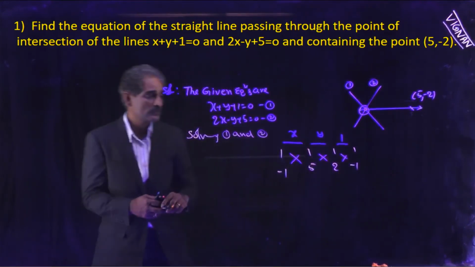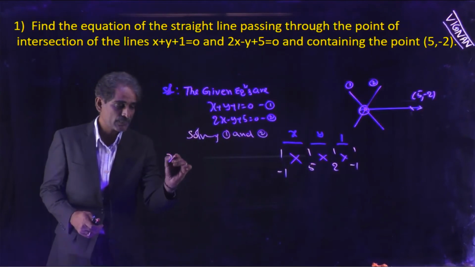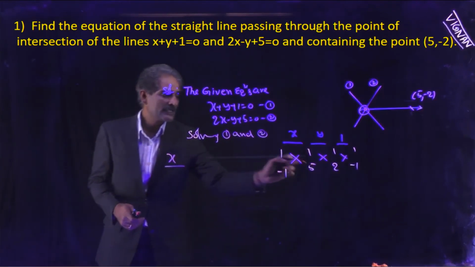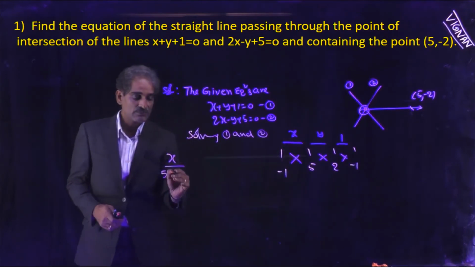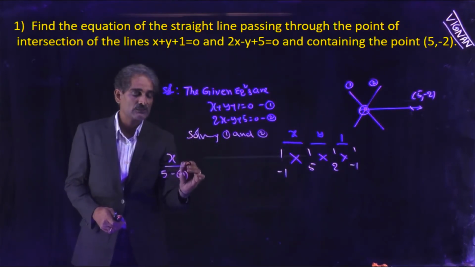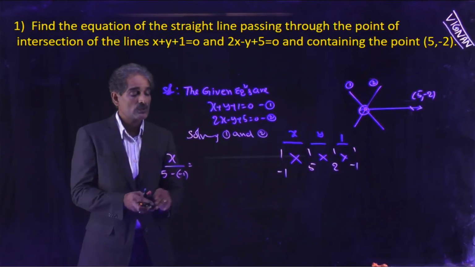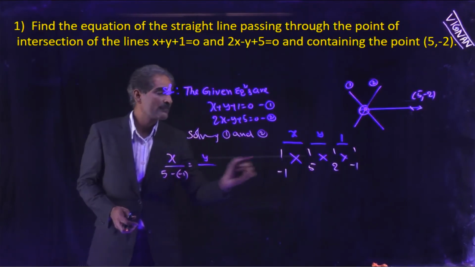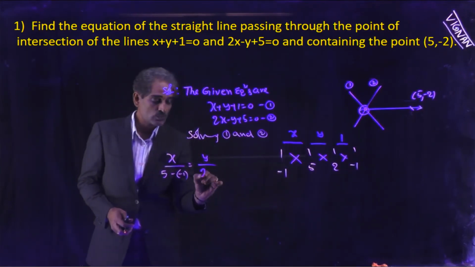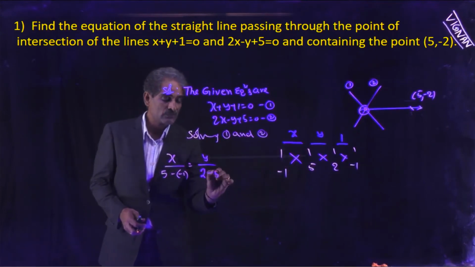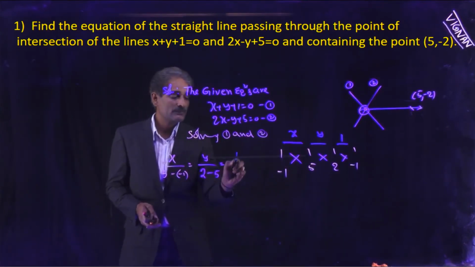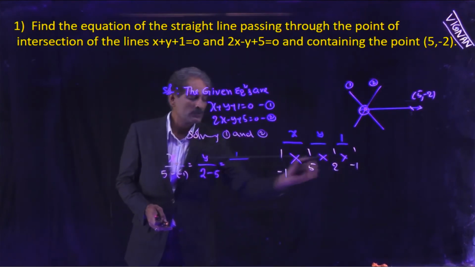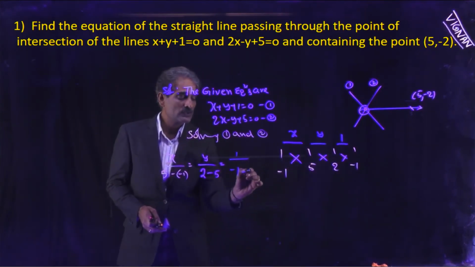So now x by 1 into 5 minus of 1 into minus 1, that is equal to y by 1 into 2 minus 5 into 1, that is equal to 1 by 1 into minus 1 minus 2 into 1.